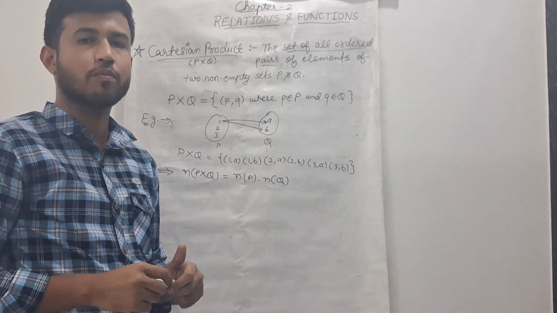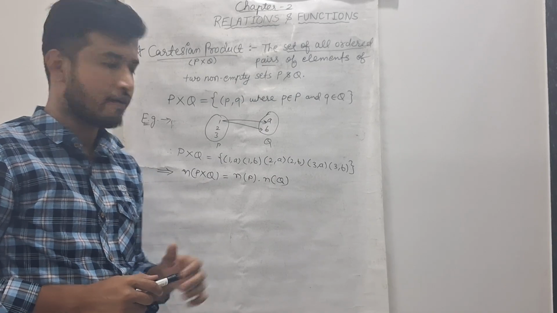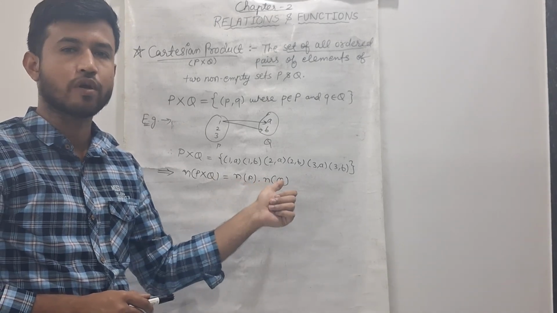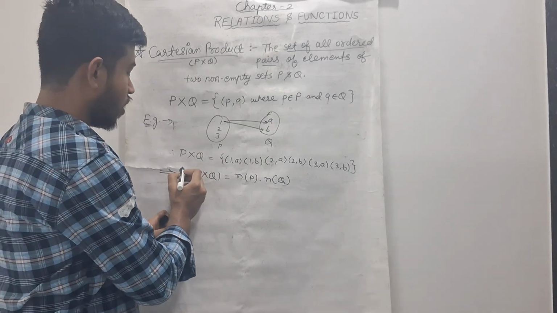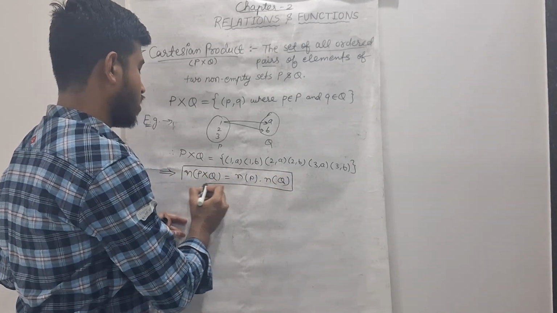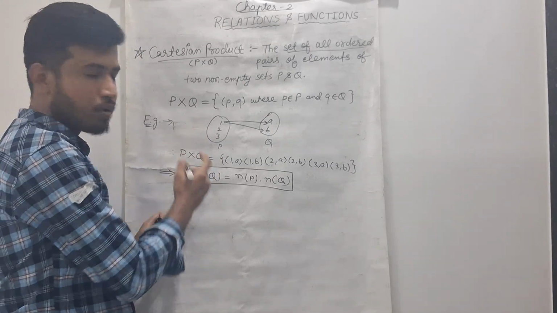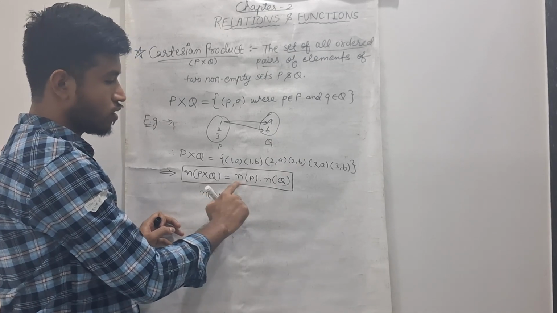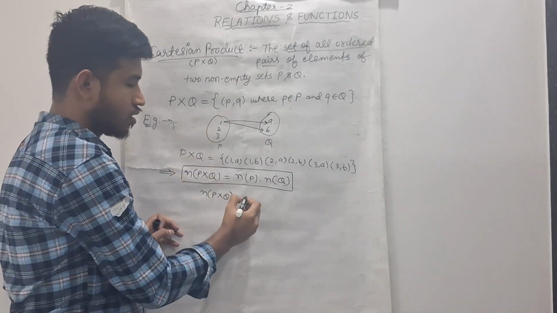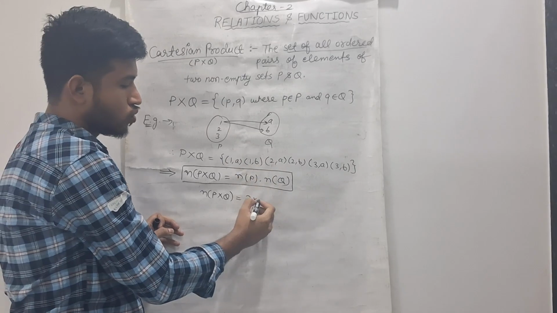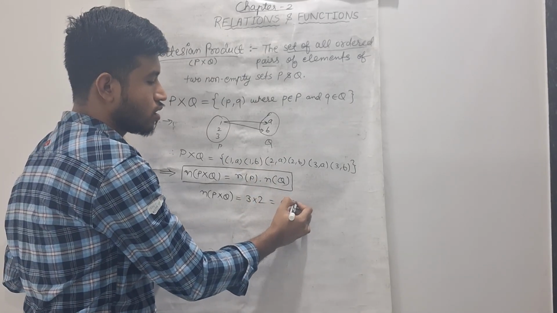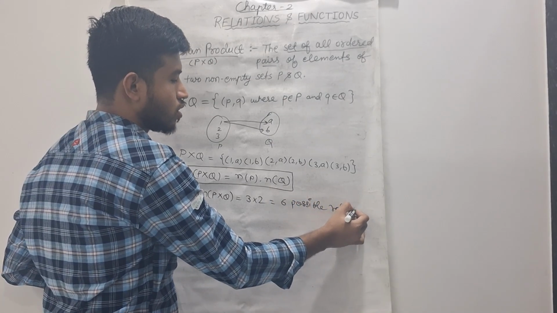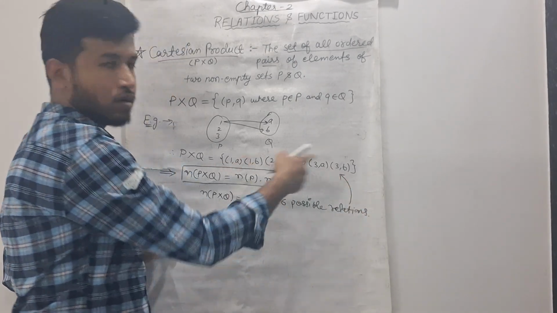If we have to find the total number of possible relations between two sets, we use this formula: the number of elements in P cross Q is equal to the number of elements in set P times the number of elements in set Q. Suppose for this example we have to find the number of elements in P cross Q. The number of elements in P is 3, and the number of elements in Q is 2. Total 6 possible relations.